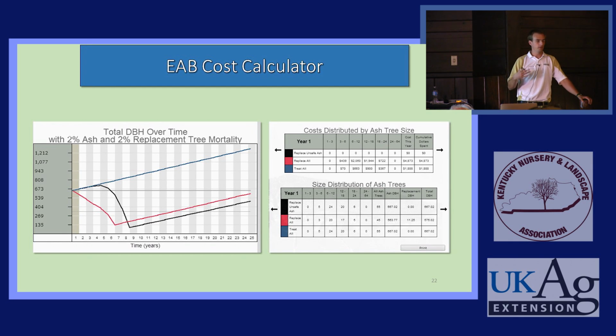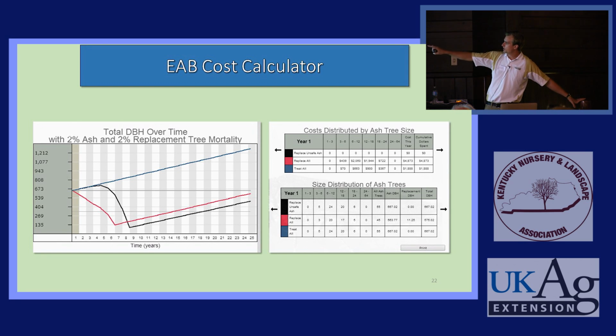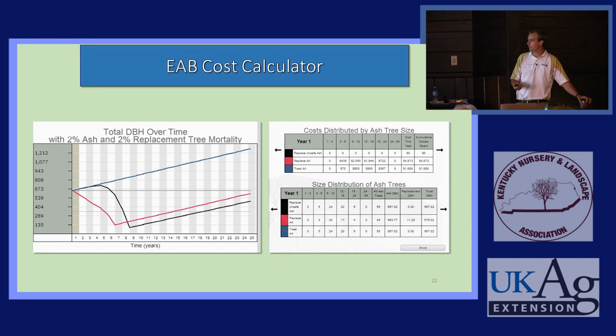Yeah, it's cheaper maybe in the long run to remove all your trees, but look, you have no canopy, and I showed you that slide earlier about the economic benefits that trees provide. So they're losing those numbers too. And these are just some nice little graphs that you can play around with, or tables you can play around with at the end that show you what you're spending each year, and the size distribution of your ash trees in your community.